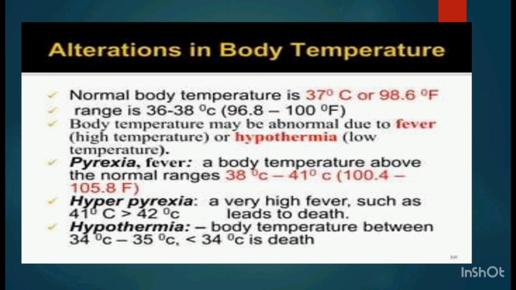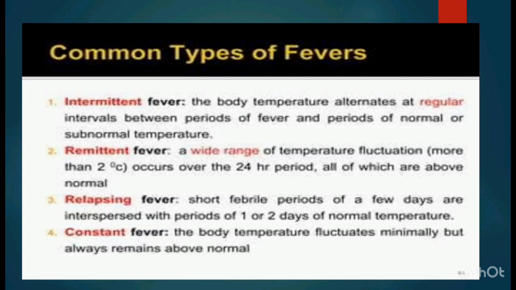Hypothermia is body temperature between 34 degrees Celsius and 35 degrees Celsius. Some common types of fever: Intermittent fever, where the body temperature alternates at regular intervals between periods of fever and periods of normal or subnormal temperature. Remittent fever, where a wide range of temperature fluctuation occurs over a 24 hour period, all of which are above normal.